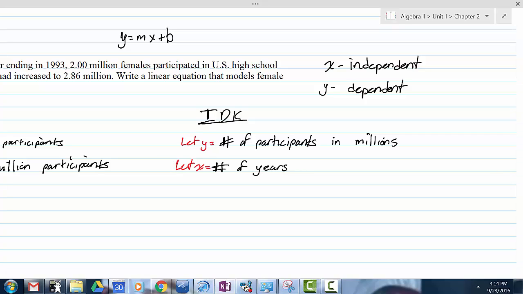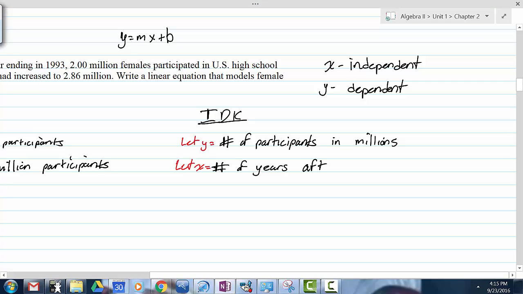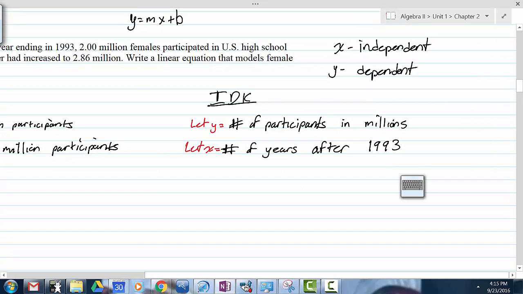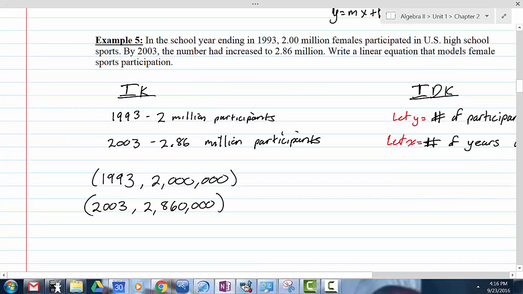And instead of putting X equals 1993 or X equals 2003, that will work, but just to make life a little easier, let's make this the number of years after 1993.